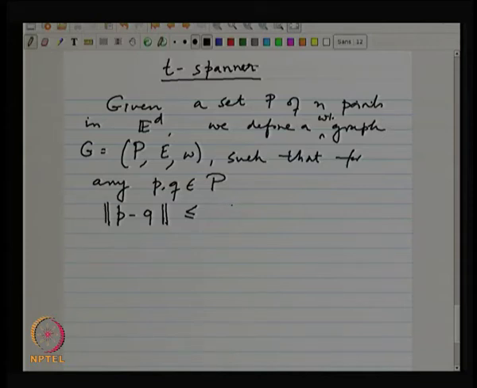Let me write d_G(p, q), the distance in the graph.